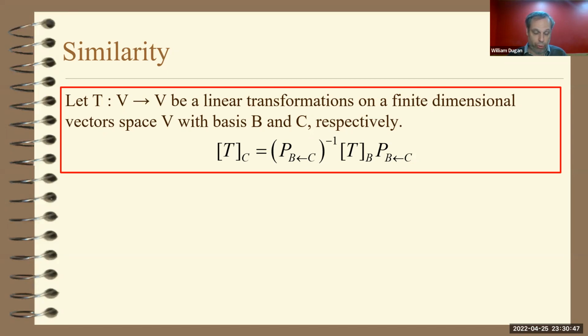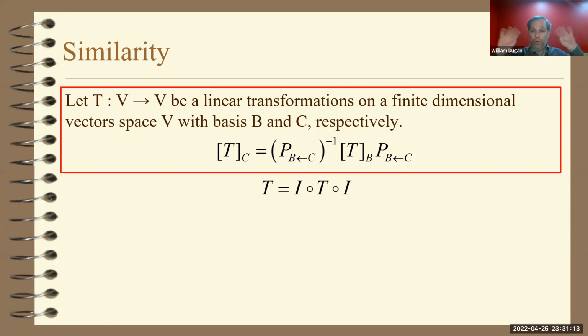The standard matrix of T, the matrix of T relative to C, and the matrix of T relative to B: it's a similarity relationship. Why it's true is incredibly easy. If you take the transformation T, it's exactly the same as saying, take the identity transformation composed with the transformation T, composed with the identity transformation.